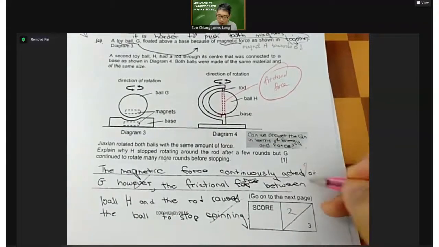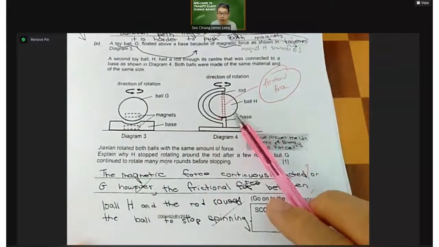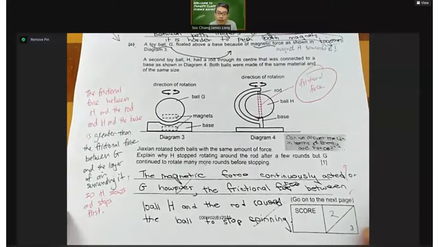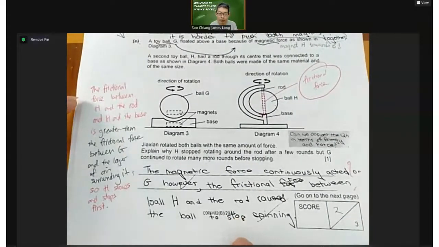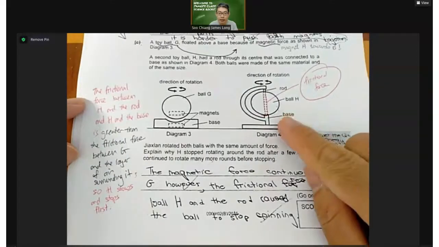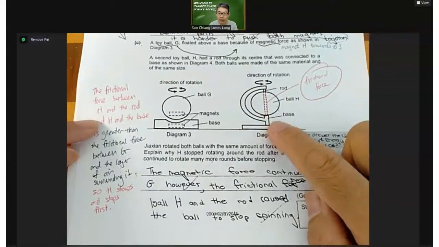There's no comparison here. You are supposed to compare between these two. Why did this one stop earlier? My answer is actually quite different from yours, and I'll answer it this way. I'll first talk about the frictional force that I can see here, the major one being between the ball and the rod and the base.